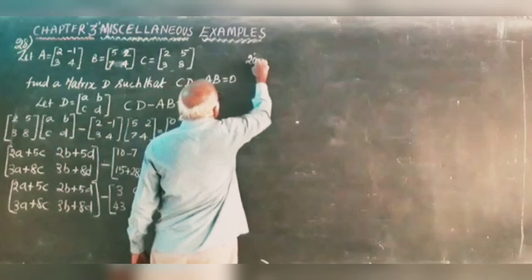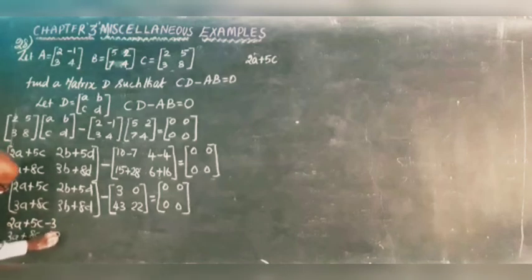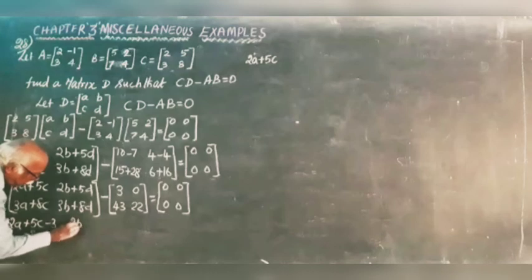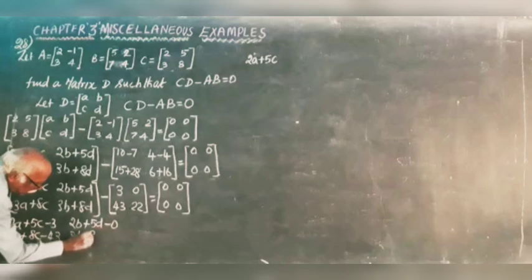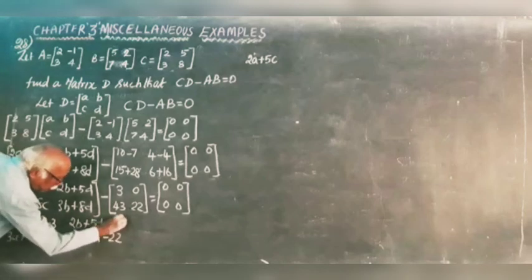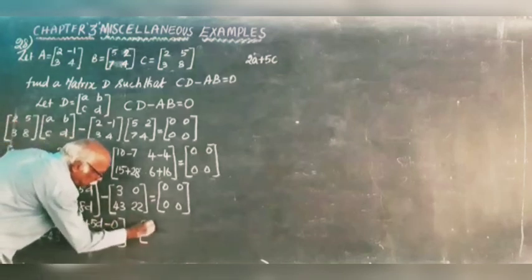That is, [2a plus 5c minus 3, 2b plus 5d minus 0; 3a plus 8c minus 43, 3b plus 8d minus 22] equal to [0, 0; 0, 0].